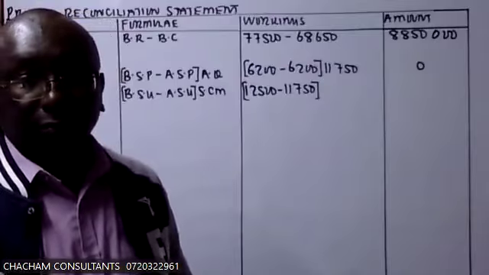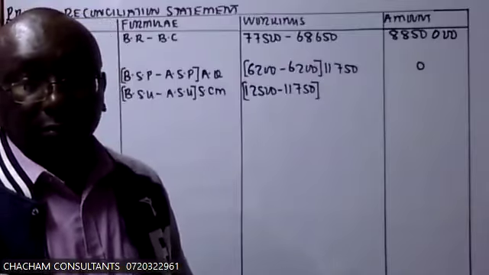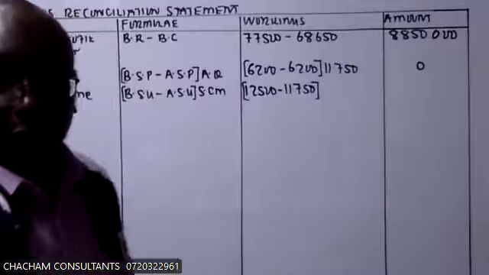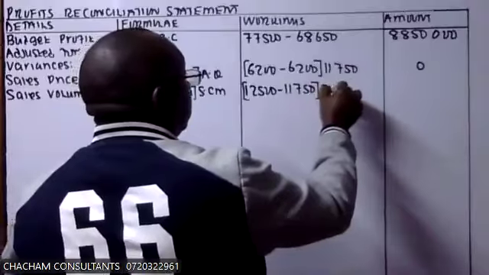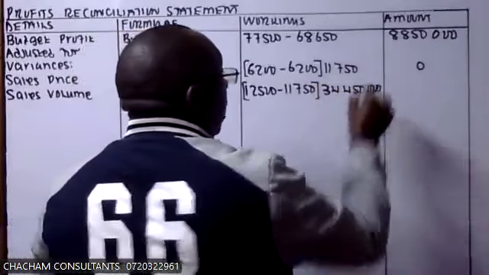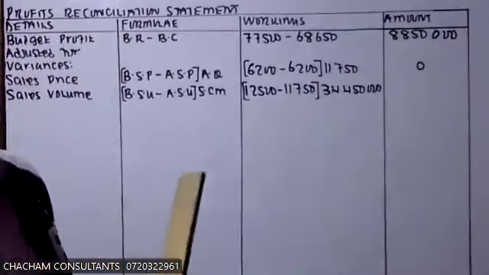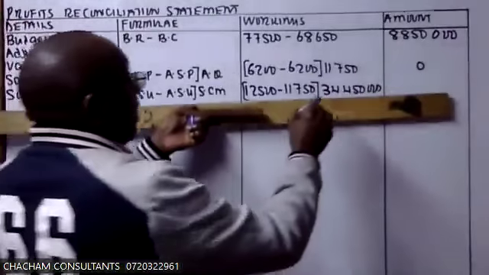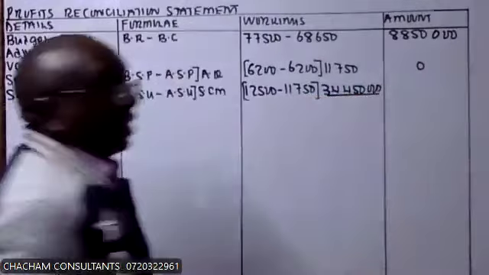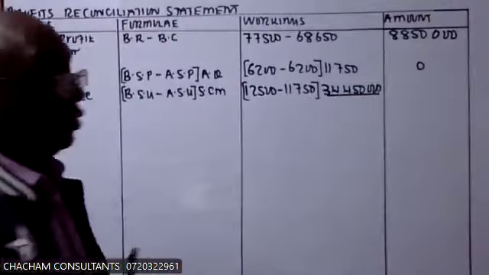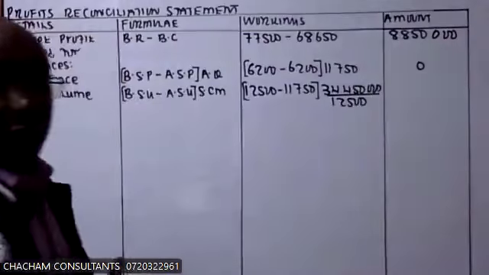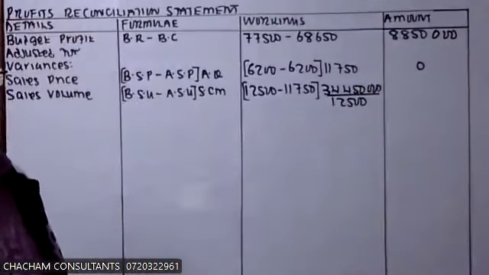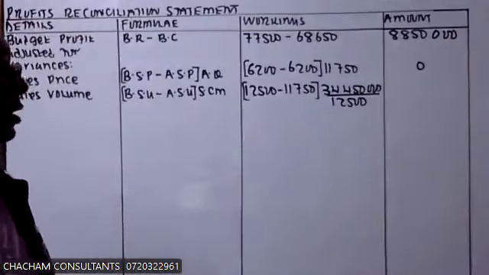Have you got that, Maureen? Yes. Okay, so the answer is 34,450. Now that one is the total contribution, but it must first of all be divided by the kilometers that were budgeted, 12,500, so that we get how much was per kilometer.